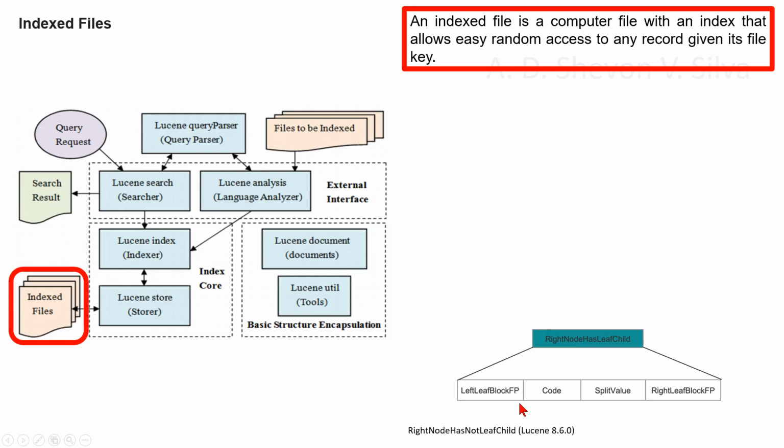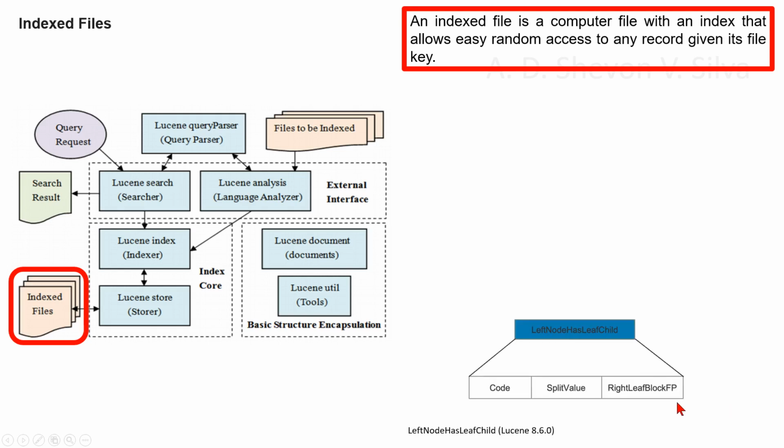Here the left leaf block FP, code, and split value describe the same meaning. Right leaf block FP describes a pointer to the position of the right leaf node of the current inner node in the .kdd file. Here the right node has leaf child, consisting of left leaf block FP, code, split value, and right leaf block FP.